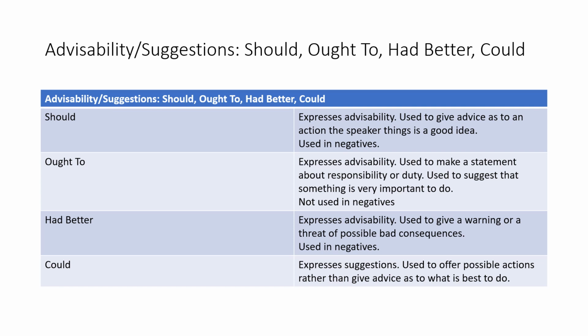So in the book, it has the example of the gas tank's almost empty. We had better stop at the next gas station, right? This is a warning that if we don't do this, we may run out of gas and then get stuck on the highway.